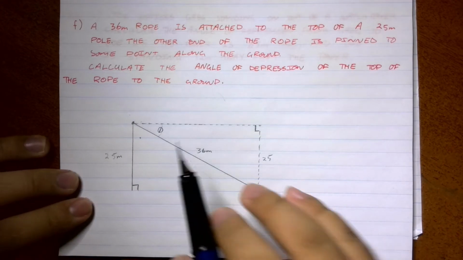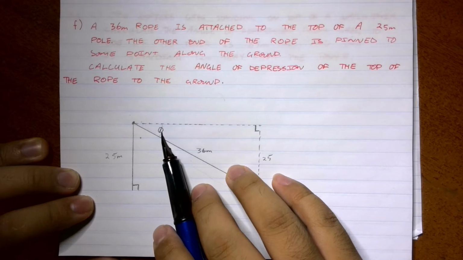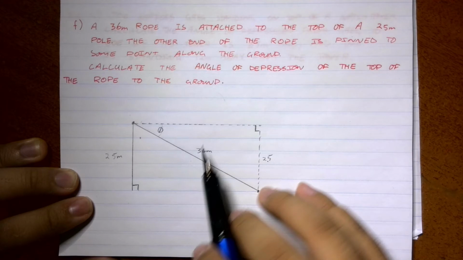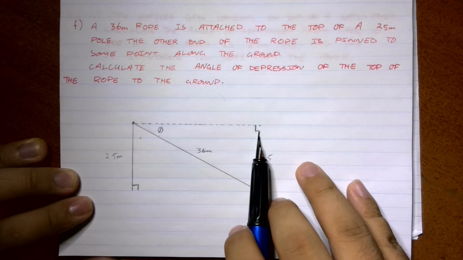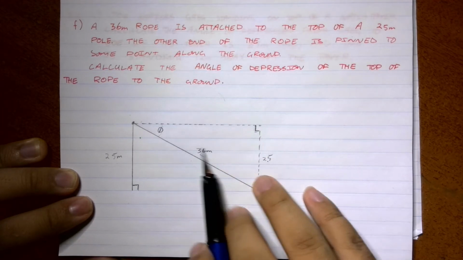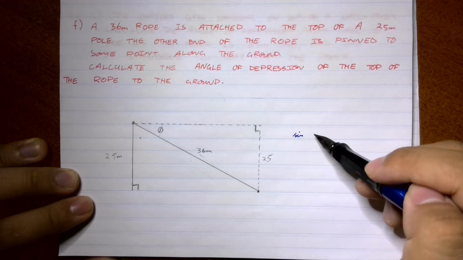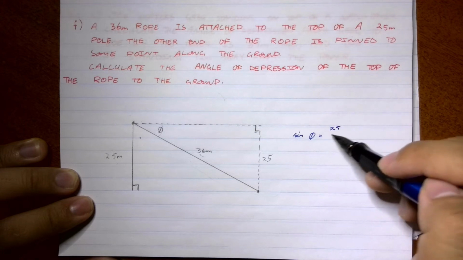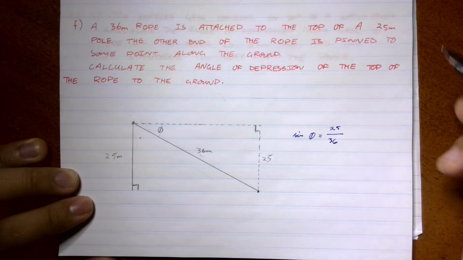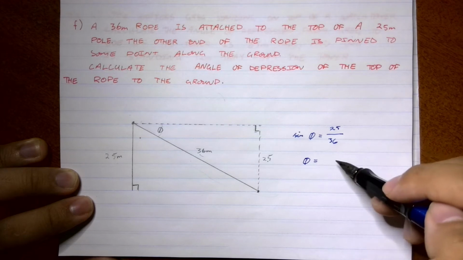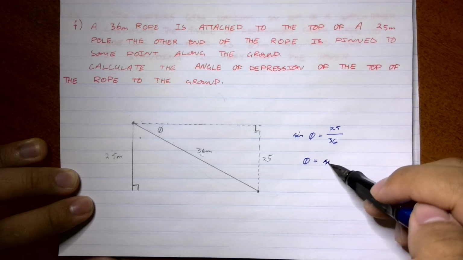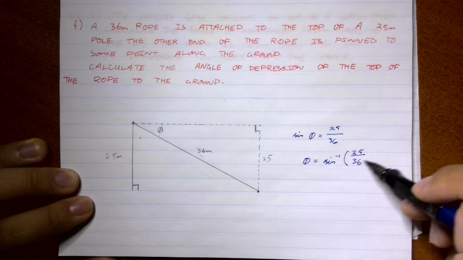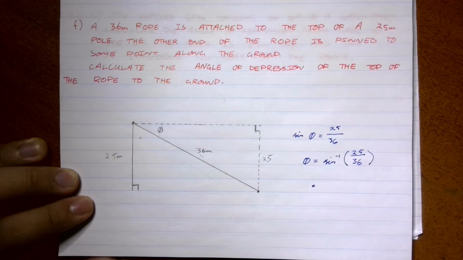Here we go. So from this angle, we have an opposite and a hypotenuse, because if this is the 90-degree angle, that must be the hypotenuse. So we have sine of theta is equal to opposite over hypotenuse. Inverse sine, we get theta equals sine inverse of 25 over 36.